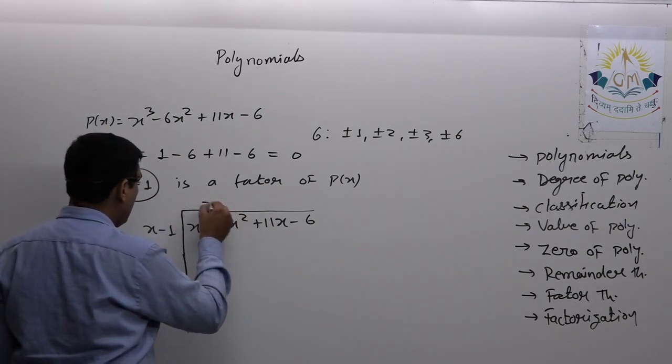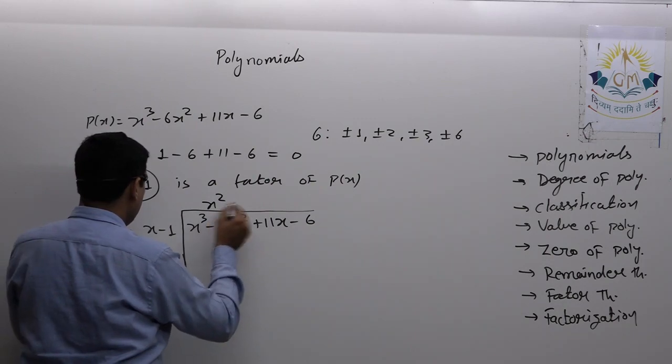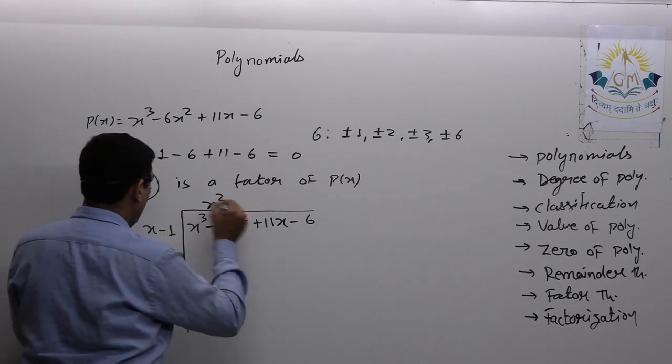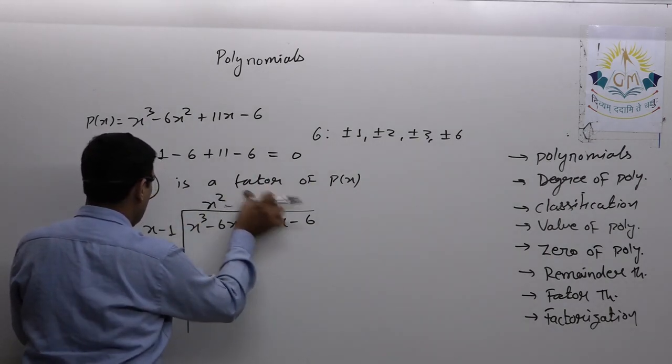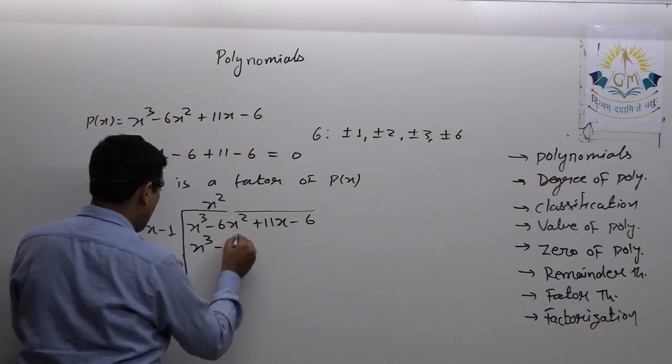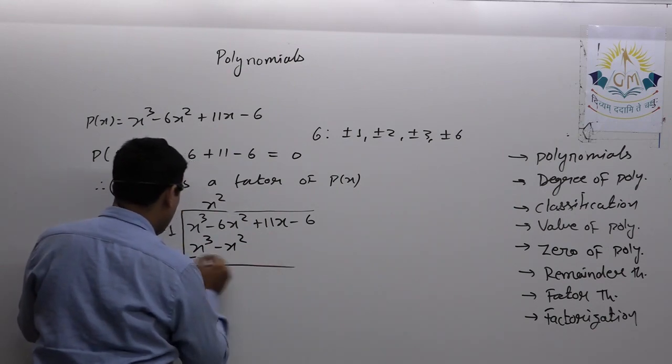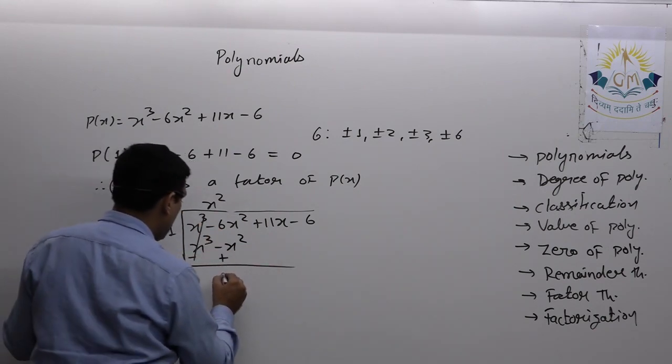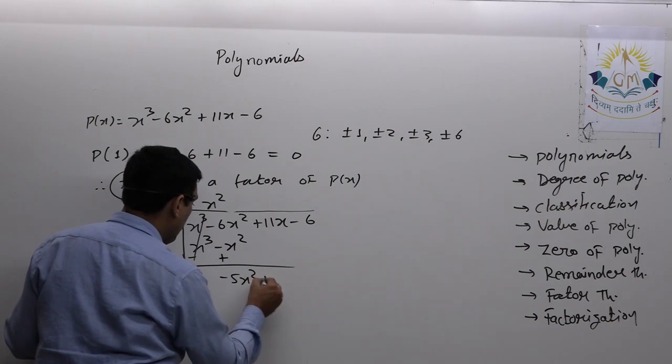So here I will get x square. So x cube minus x square, this will cancel out. Here I will get minus 5x square plus 11x.